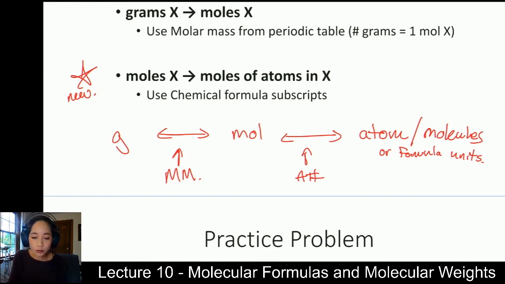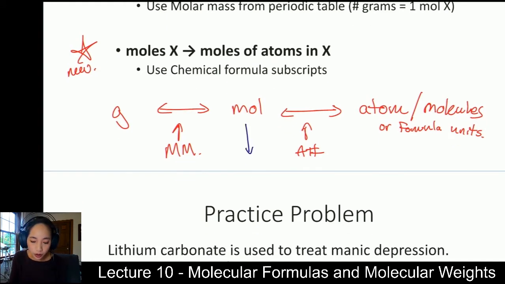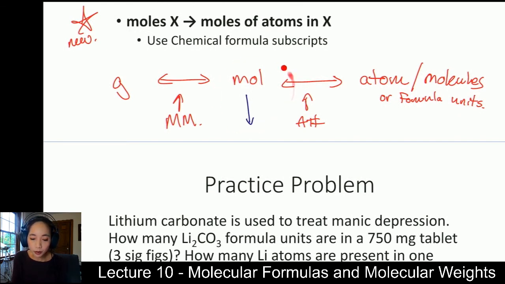If we want to go from moles of a certain compound to moles of a specific atom in that compound, we have to go from this middle track here. Once we have moles of the compound, we can go to moles of a specific atom using the chemical subscripts, those ratios. So moles of atom in compound. And you'll use a different color, use the subscripts.